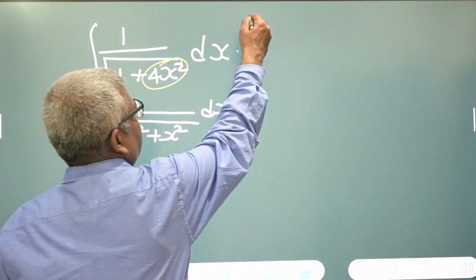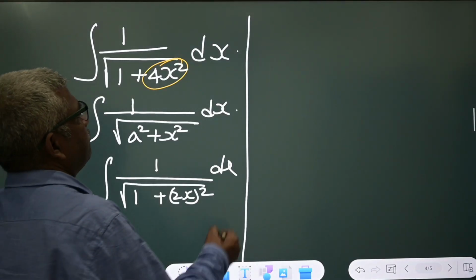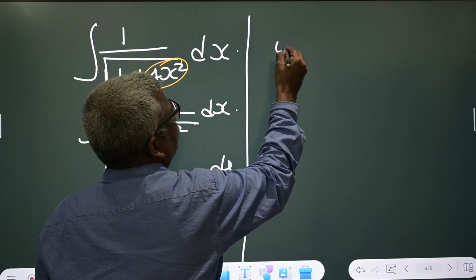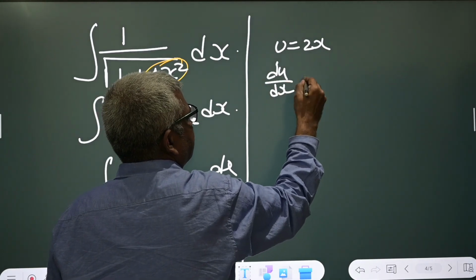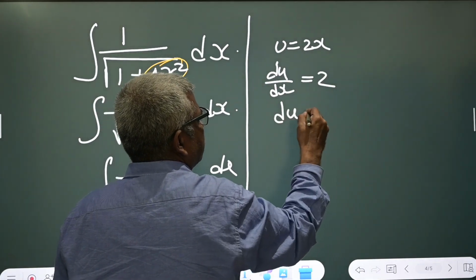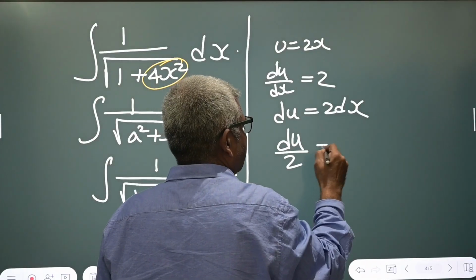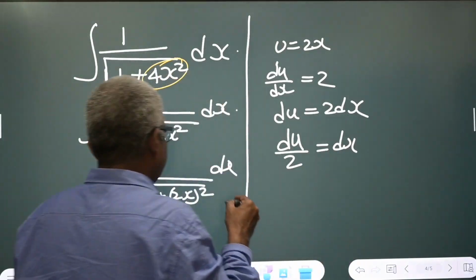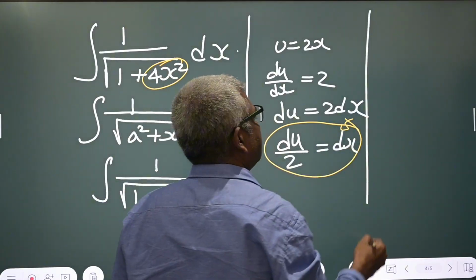Now, what is the formula? Let u equal to 2x. du by dx is 2, so du equals 2 dx, and du by 2 equals dx. So we have to take 1 by 2 outside.